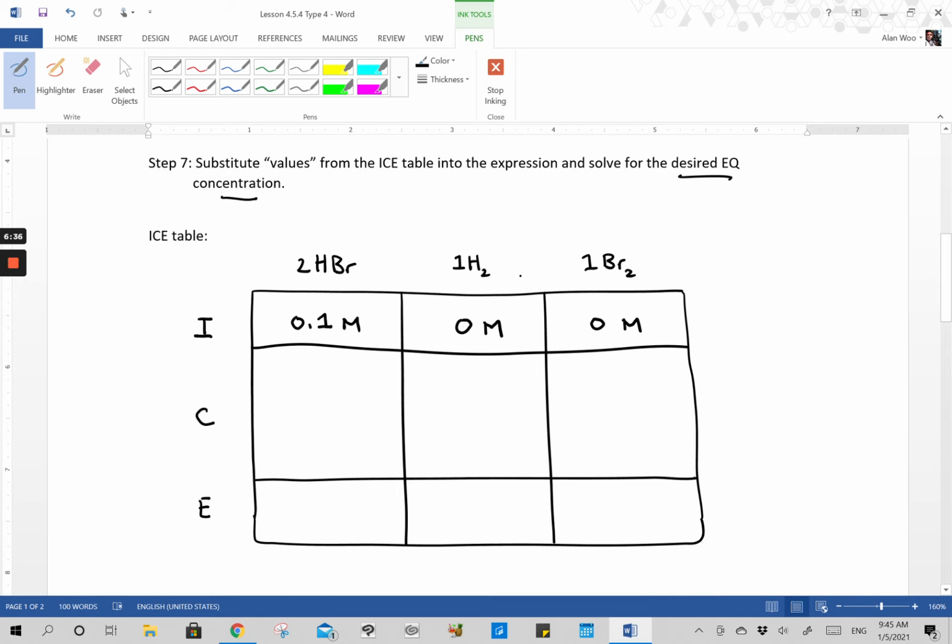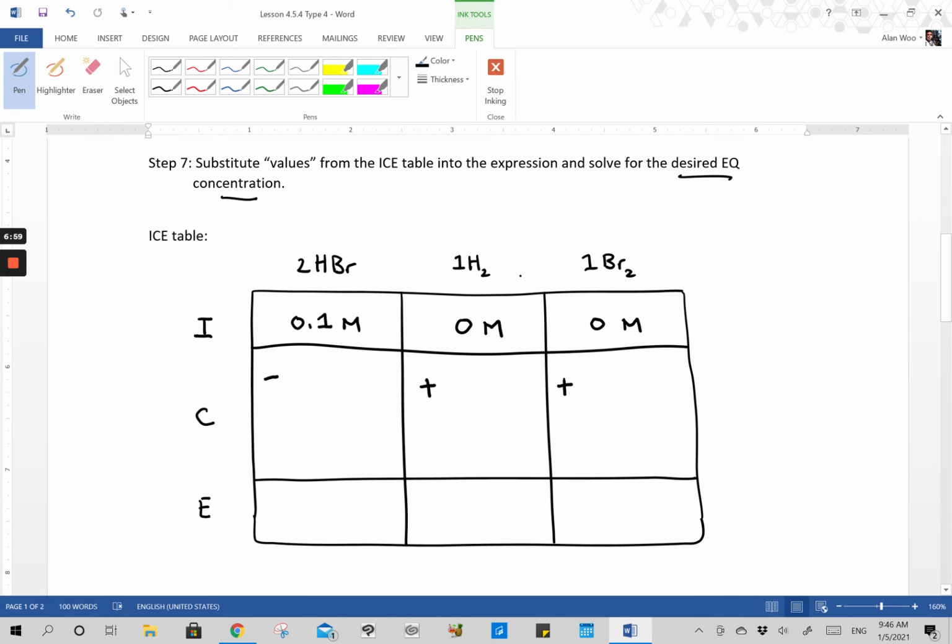But here's the problem. This is pretty much all the information that you have. We could put in the negative and positive signs for the change. HBr is a reactant, so it gets a negative sign because we're using up reactant, so it's going to decrease in amount. You're going to create more products.